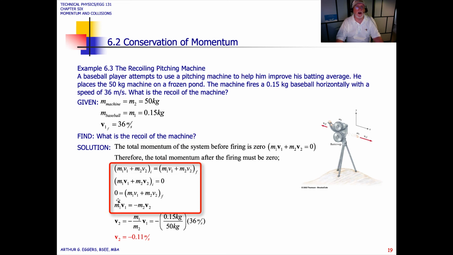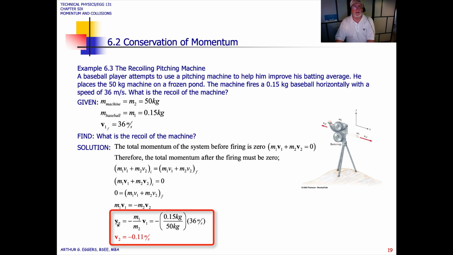Now I can use that to move terms around inside the parentheses, since these are both final terms, to solve one for the other. So now I have mass 1 velocity 1 is equal to minus mass 2 velocity 2. One is going to be negative because this thing is flying in the opposite direction.